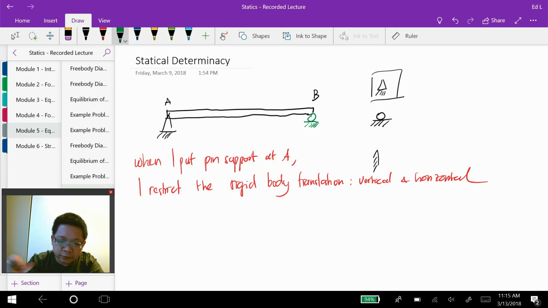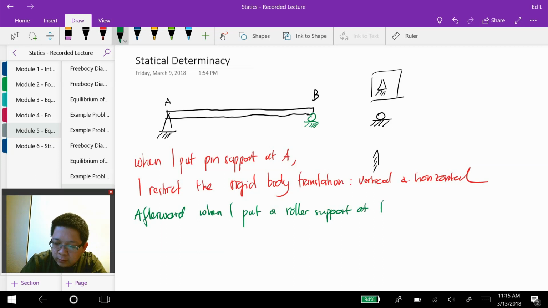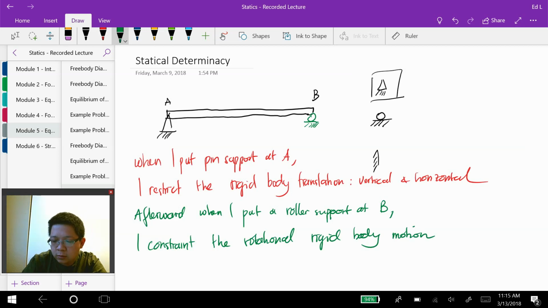So when I put a roller support at B, I constrain the rotational rigid body motion. When we draw the reaction forces, at A we have AY and AX, and at B we have BY.